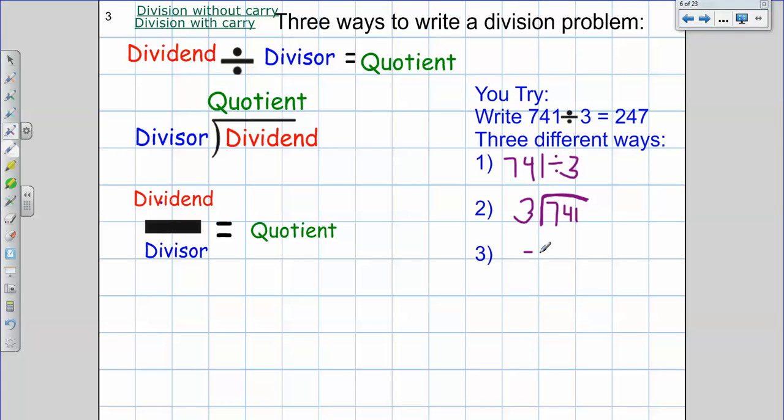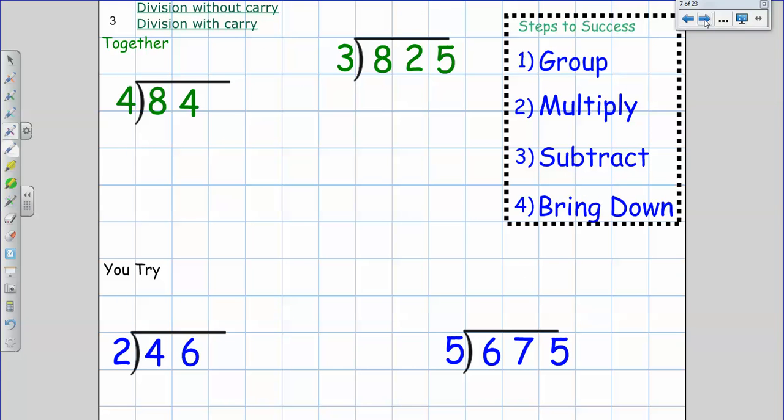I can also write it as a fraction. So these are the three ways we need to be able to recognize our division problems. So let's actually do some of them.